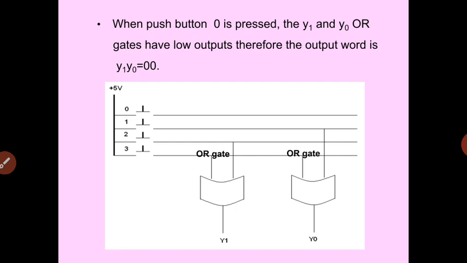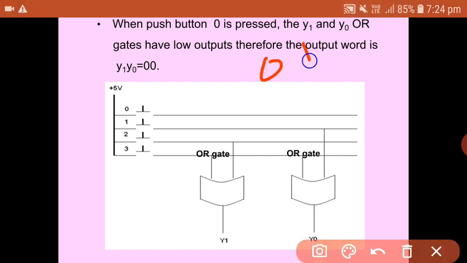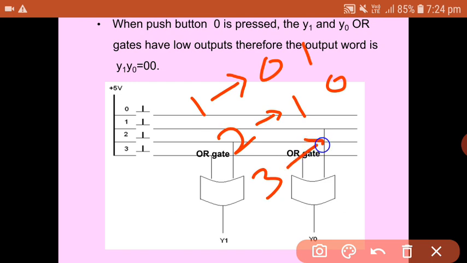When push button 1 is pressed, Y0 output will be equal to 1 and Y1 output will be equal to 0, so the output is 0 1. When push button 2 is switched, Y0 output will be 0 and Y1 output will be 1. When push button 3 is pushed, then both the outputs are equal to 1. When push button 0 is pressed, both the outputs will be zeros.